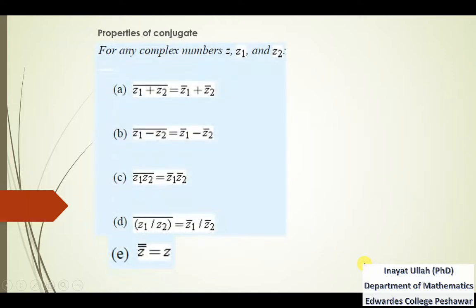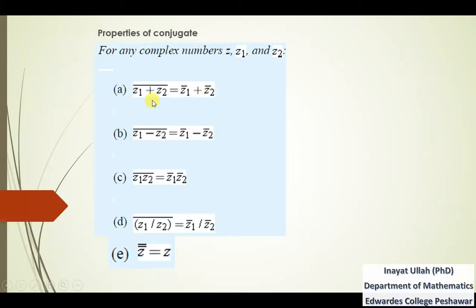And in this slide we are going to study the properties of conjugate. For example, we are given two complex numbers z1 and z2. The conjugate of the sum of z1 and z2 is equal to the sum of their separate conjugates.